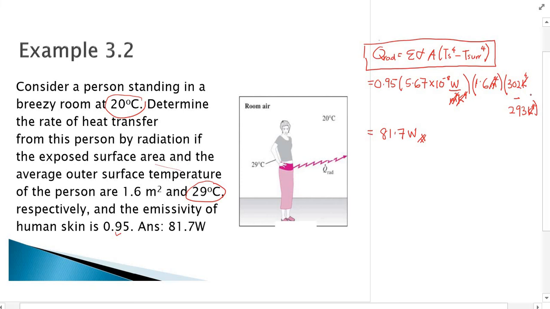You need to know which formula to use and how to apply that formula in a problem. Okay, so your task for today is to construct a mind map about these three mechanisms. Alright, so thank you.